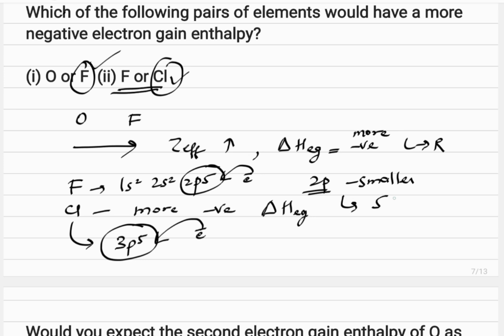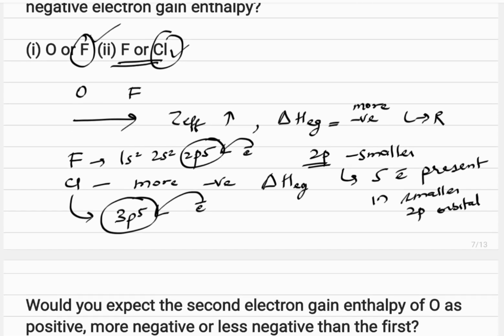So the 5 electrons present in smaller 2p orbitals repel the incoming electron.